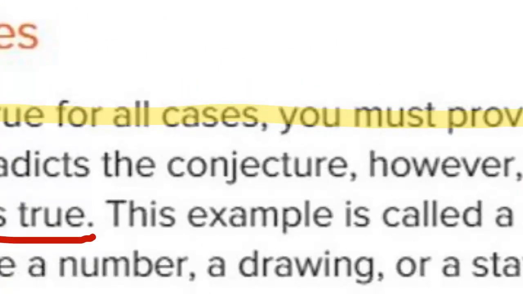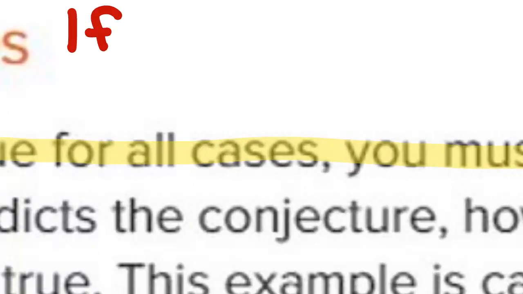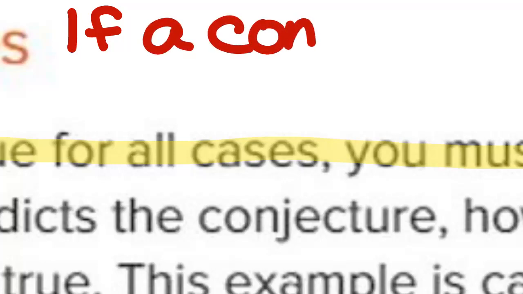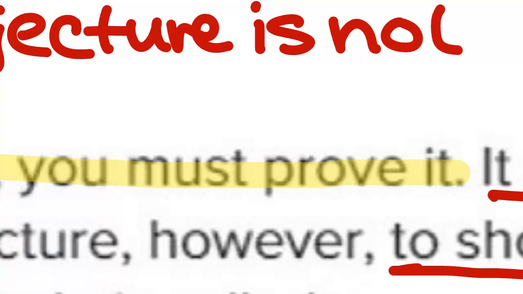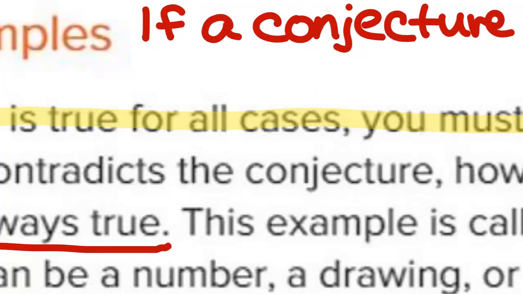One of the things that we need to know about conjectures is a conjecture is either true or false, not a sometimes thing.